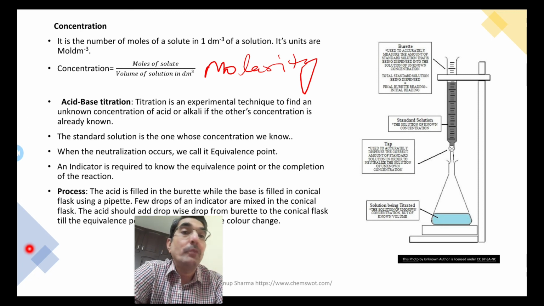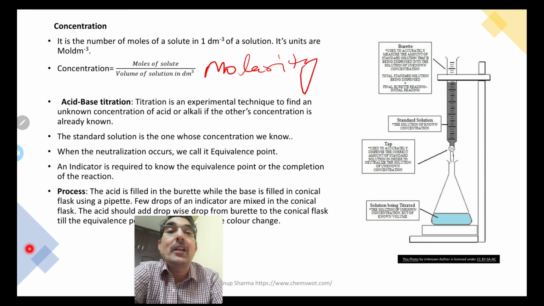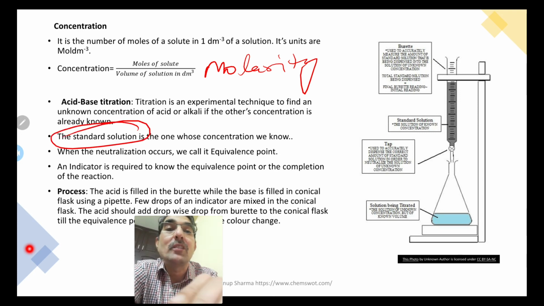So moving further towards acid base titration. Titration is an experimental technique to find an unknown concentration of acid or alkali if the other concentration is already known. So out of acid and base we must know one concentration. The standard solution is the one whose concentration we know. So if we know the concentration of the acid or base, that becomes a standard solution.